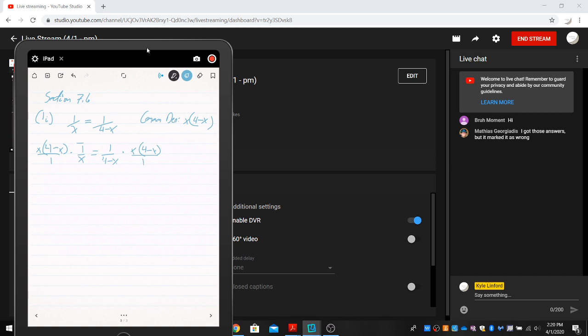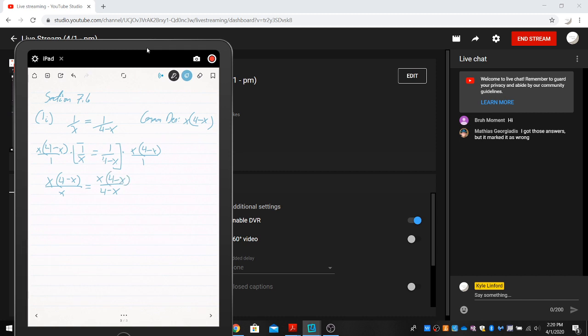So we have the original equation here, and I've just multiplied both sides by the common denominator. I won't simplify anything yet or cancel anything out. I'm just going to actually multiply. So we multiply across for fractions, and then we'll see what cancels out.